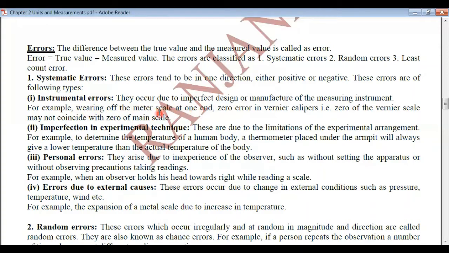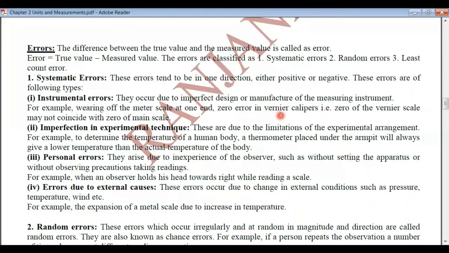That is, if the meter scale is broken at one end, or it is not starting from 0 due to some manufacturing defect, the 0 is not there. And if you are using that scale to measure any length, every time you will be getting some error. Such type of error which is in the instrument only, we call instrumental errors.